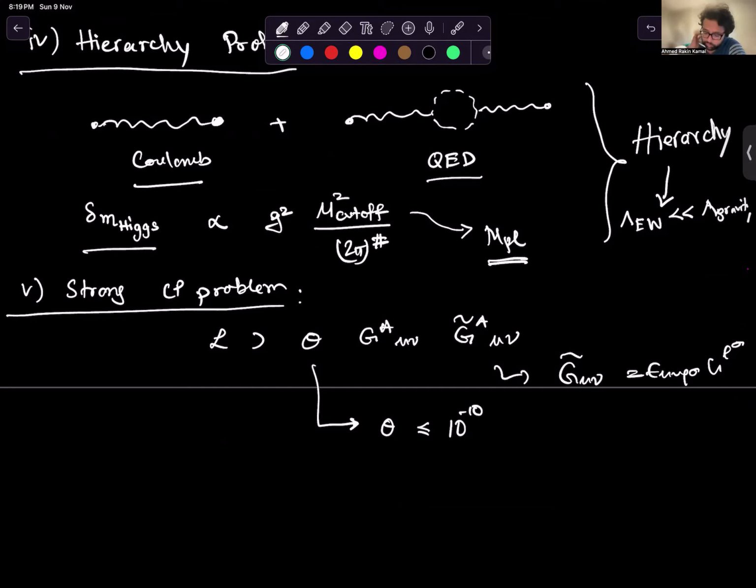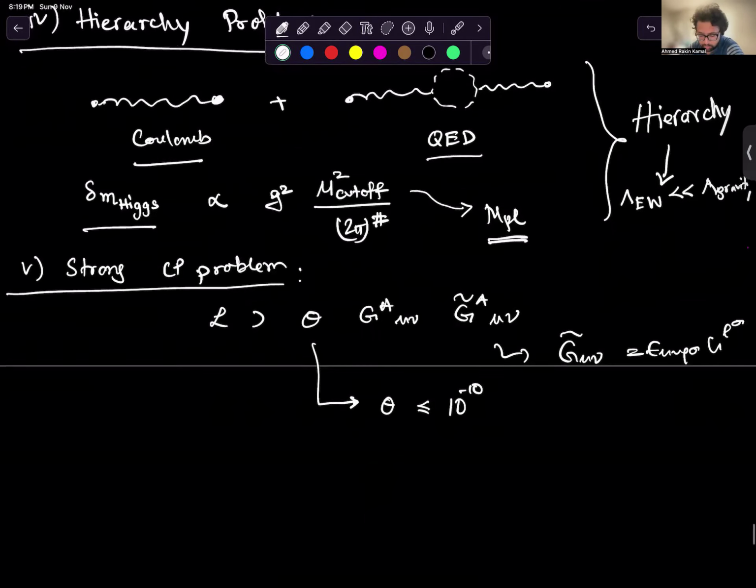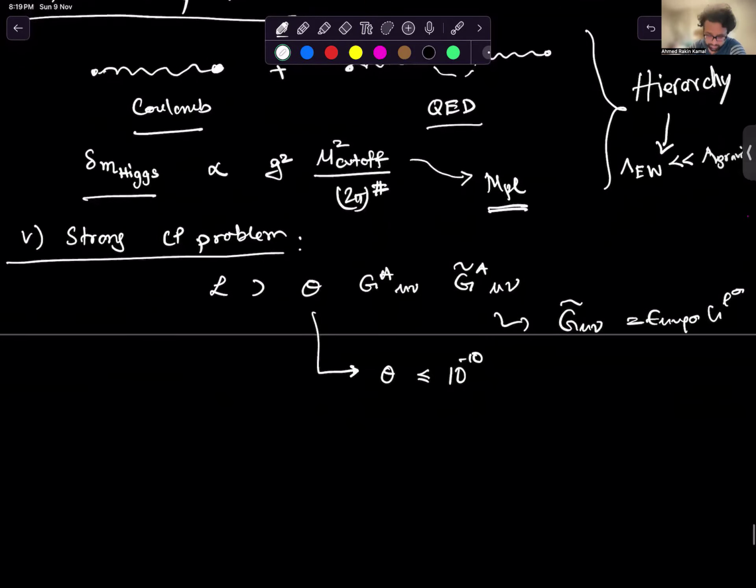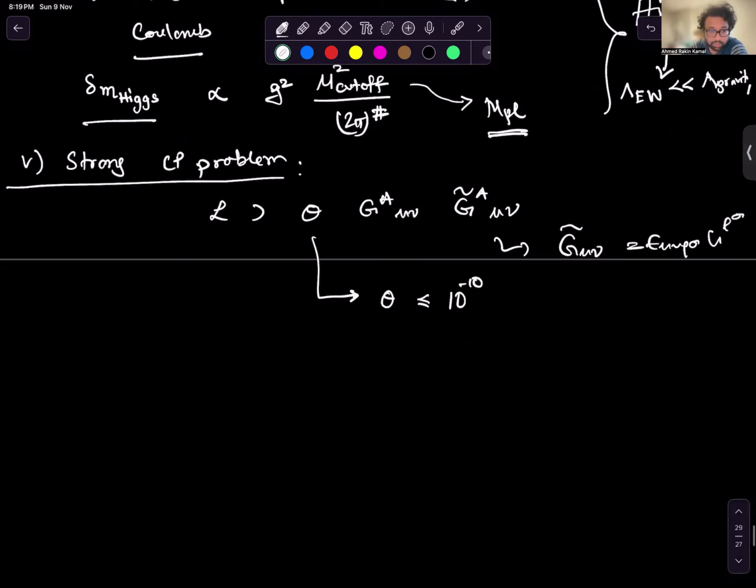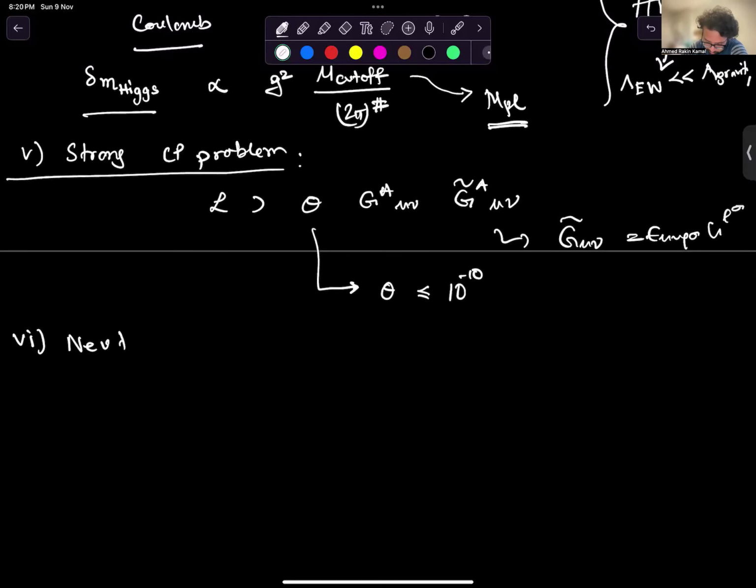And we don't have an explanation from the standard model why this is such a small number. Then another problem is the problem of neutrino mass. Neutrino oscillation experiments suggest that neutrinos might have a mass.